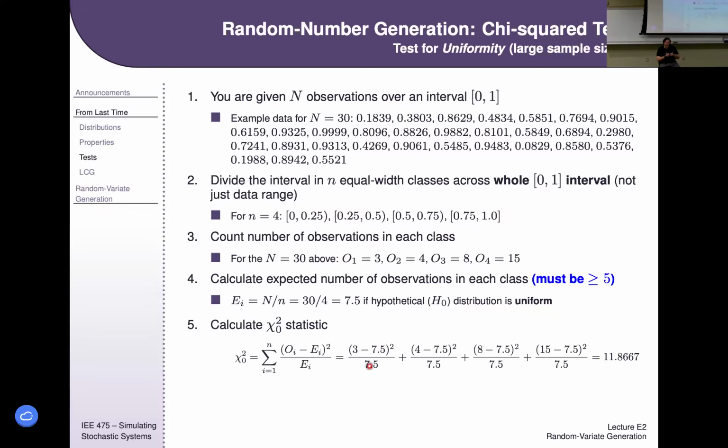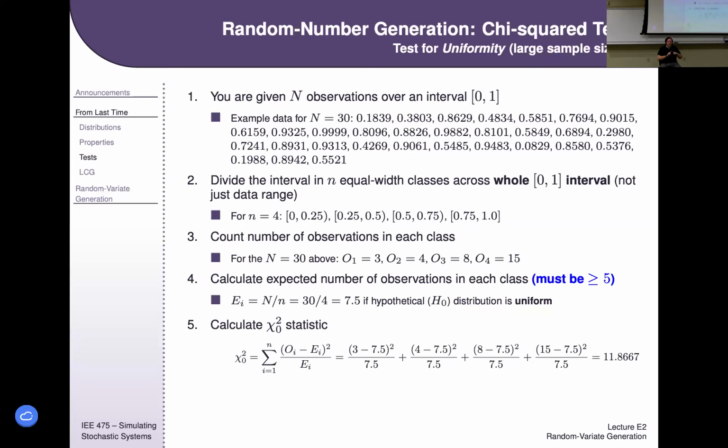So then I calculate my chi-squared statistic, which is just the difference between each of the observed numbers and 7.5, squared, divided by that expected number. We'll talk about why this formula makes sense after the midterm. It's not arbitrary. There are good mathematical reasons that have to do with the central limit theorem, as everything does, and normal random variables.